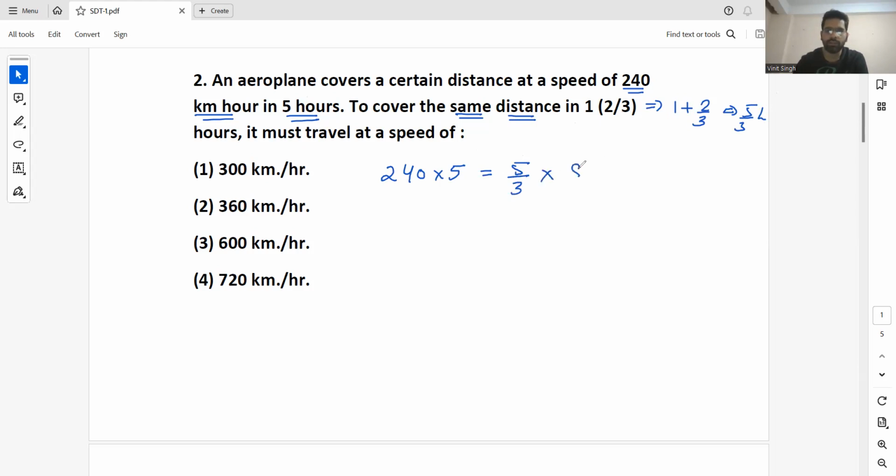So what will be the speed? 5 cancel, 240 into 3, which is equal to 720 km per hour. So if the aeroplane moves with a speed of 720 km per hour, then it will cover the certain distance in 1, 2 by 3 hours. Got it?